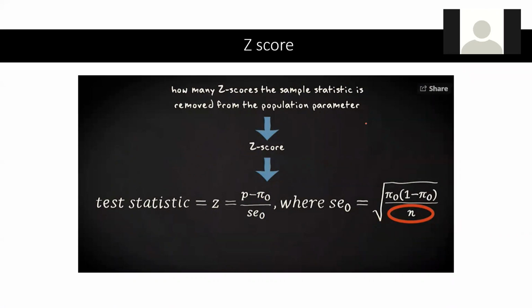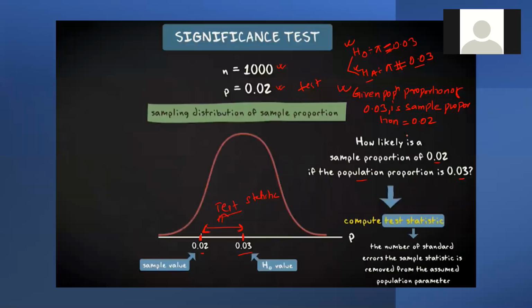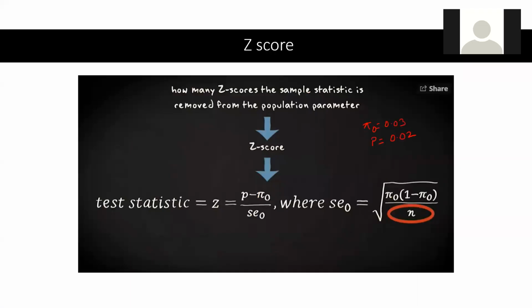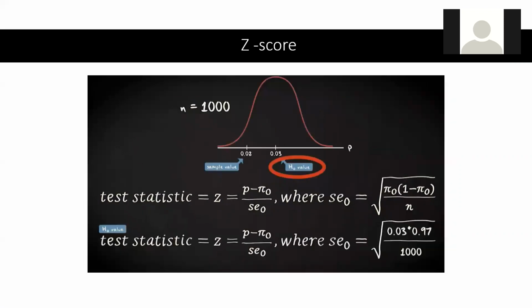Your pi naught is 0.03, the population proportion, and your P is 0.02, which is given here.